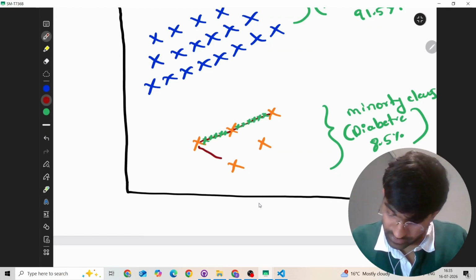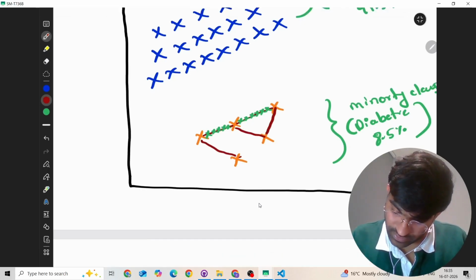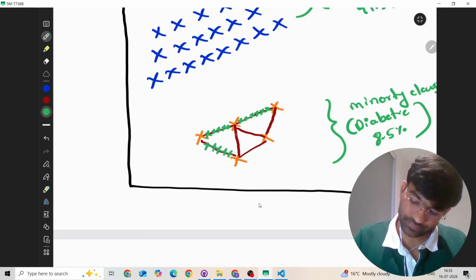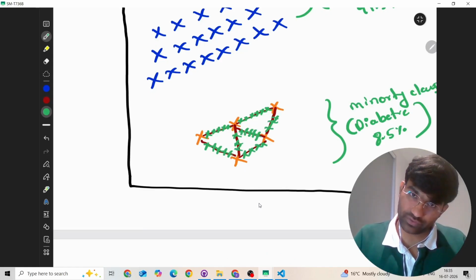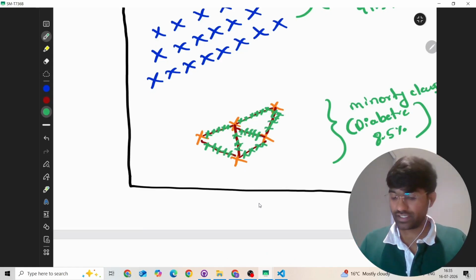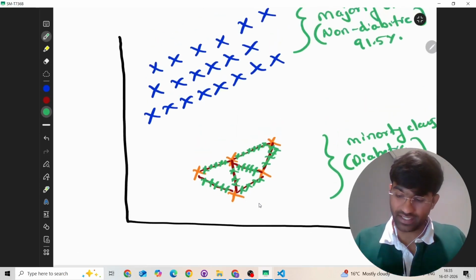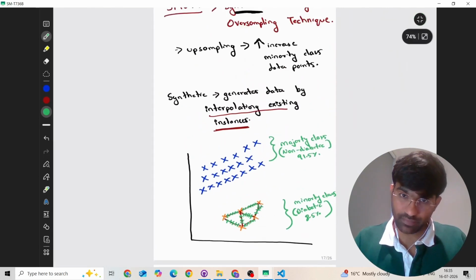Again, it will connect and connect, and it will generate new data points. So this is the logic SMOTE uses to generate new data points. This is the way of upscaling done by SMOTE.